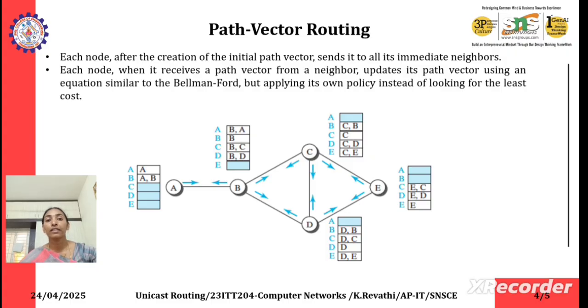Here, A acts as a source. How to find the distance from A to each and every node present in the network?